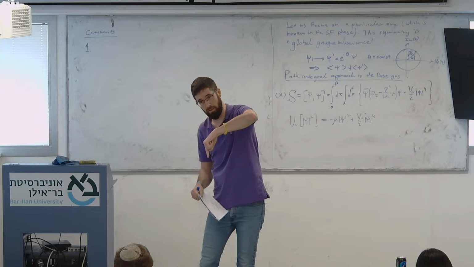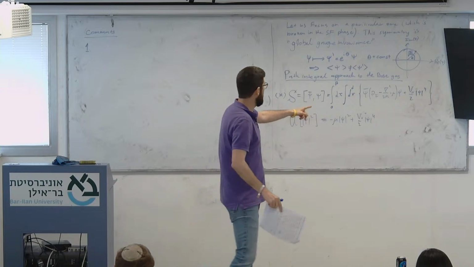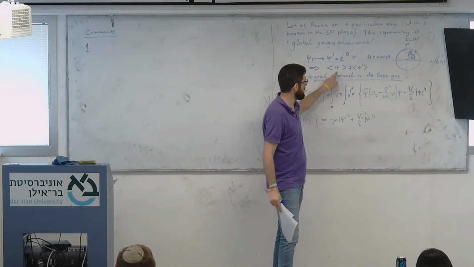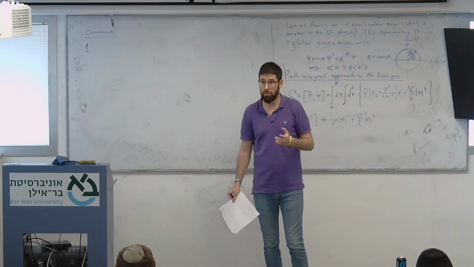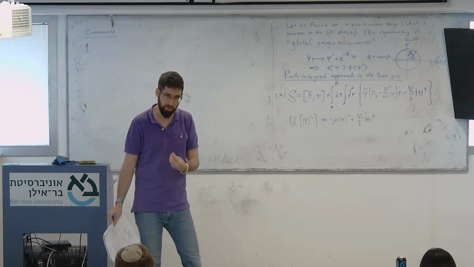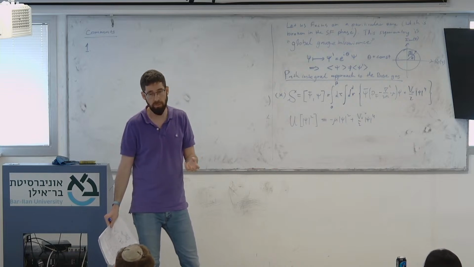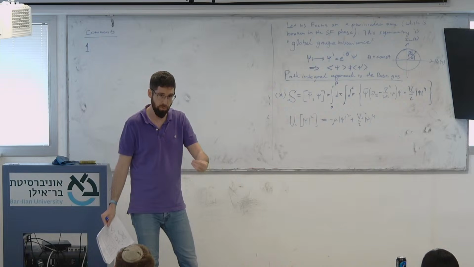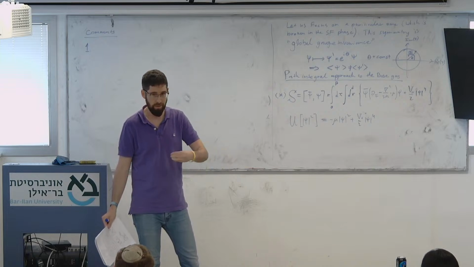It flips. Same thing here. If you act on the order parameter with a symmetry, it changes. By the way, when you choose an order parameter, this is the essential ingredient, that the symmetry that it broke acts non-trivially on it.